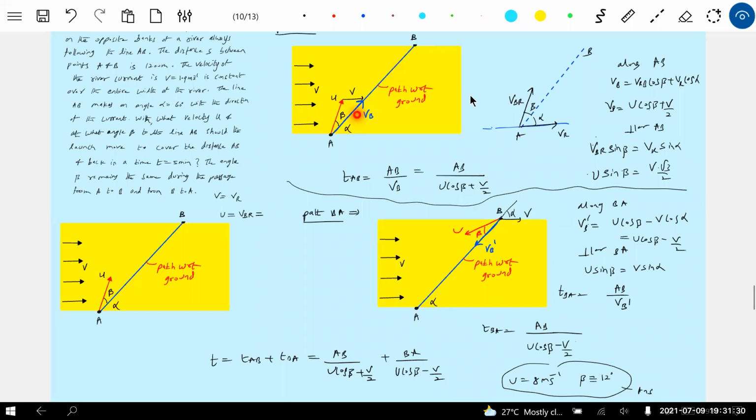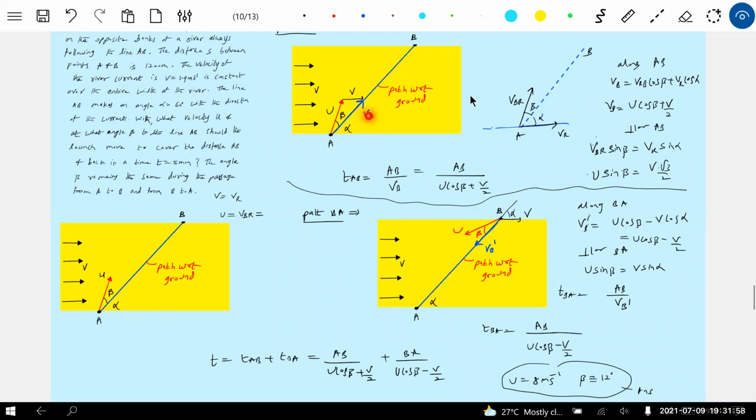Sir, how can you say this? I think again we go for the vector: velocity of swimmer with respect to river, velocity of river. This should be the velocity of swimmer with respect to ground. The vector diagram I think is correct. Because what is U here? U is the velocity of swimmer with respect to river, plus the velocity of river, so that the resultant velocity of the swimmer with respect to ground should be along path AB.